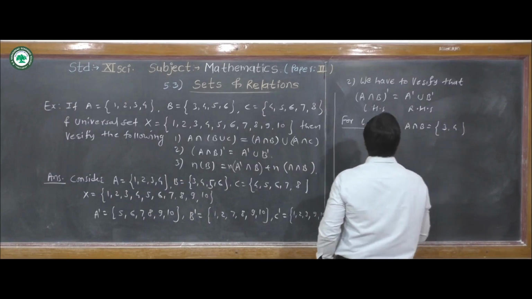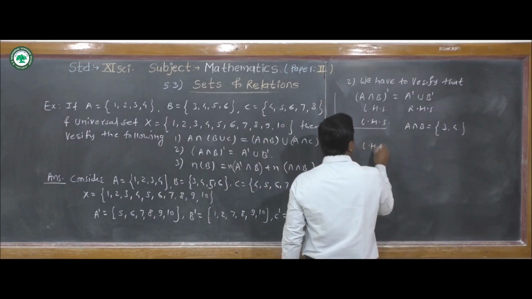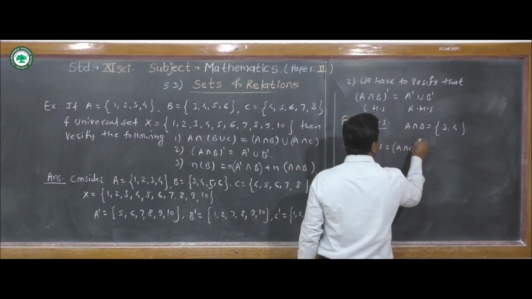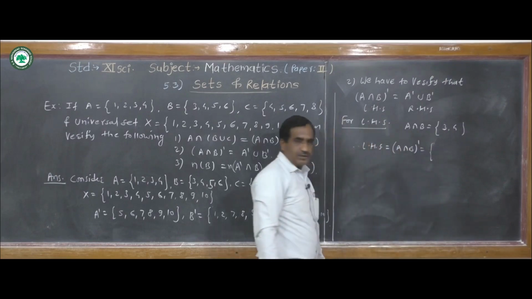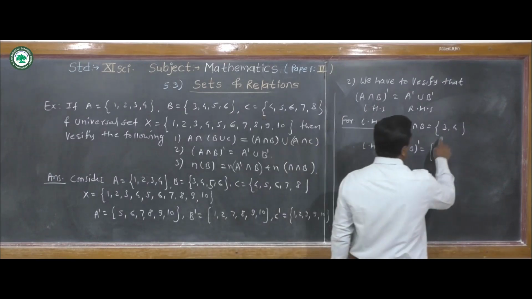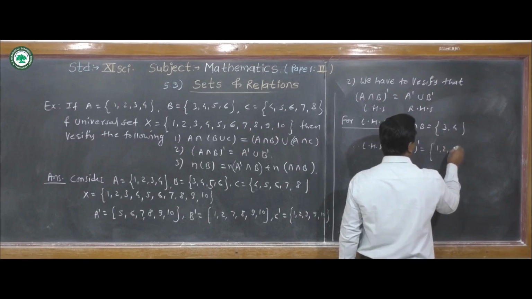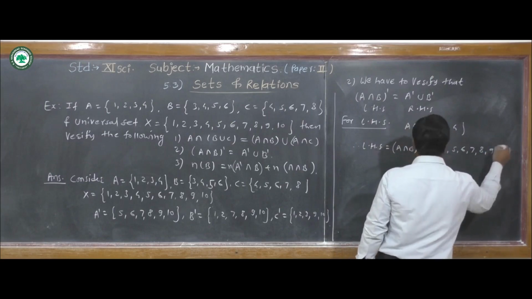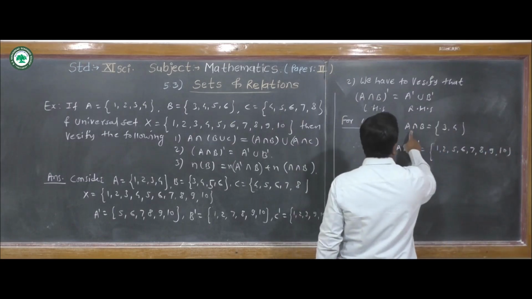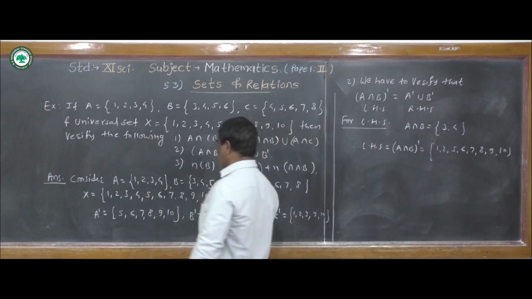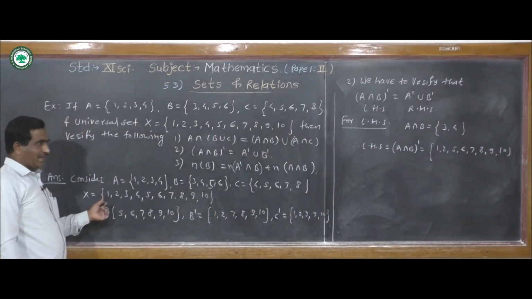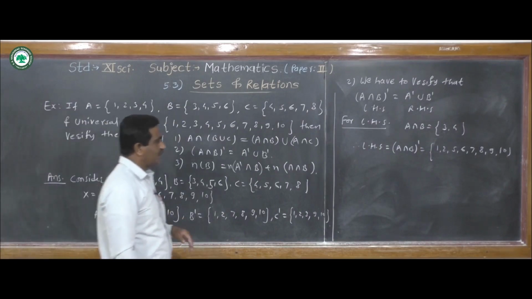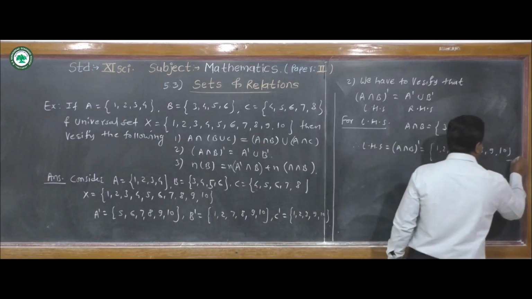Therefore, LHS is (A intersection B) complement, which contains elements except 3 and 4, that is 1, 2, 5, 6, 7, 8, 9, 10. Those elements which are not contained in set A intersection B but are contained in universal set X. So we can say this is equation number first.